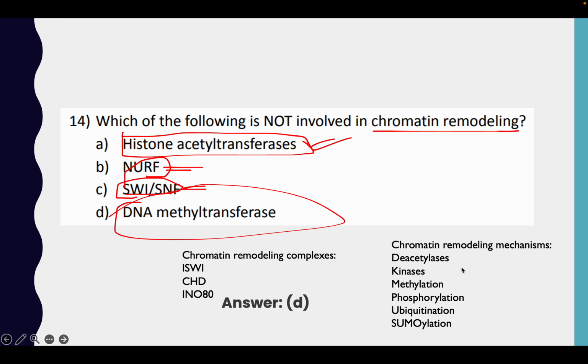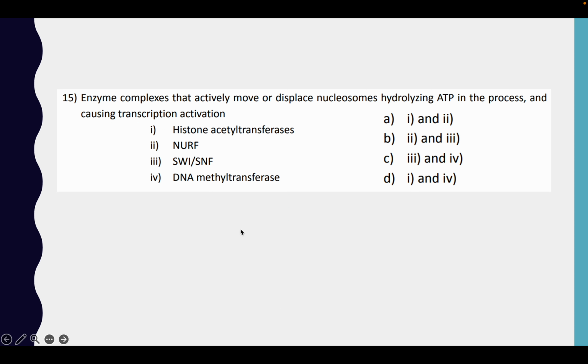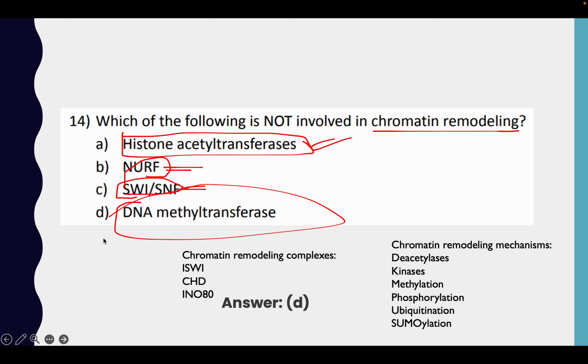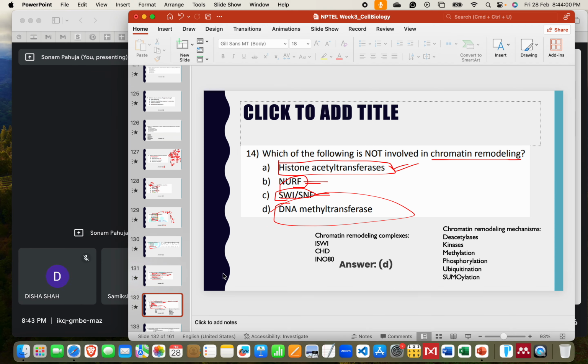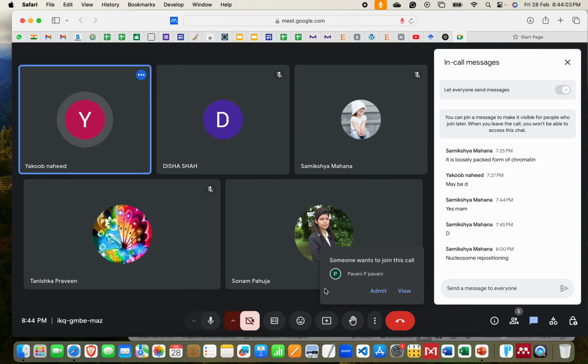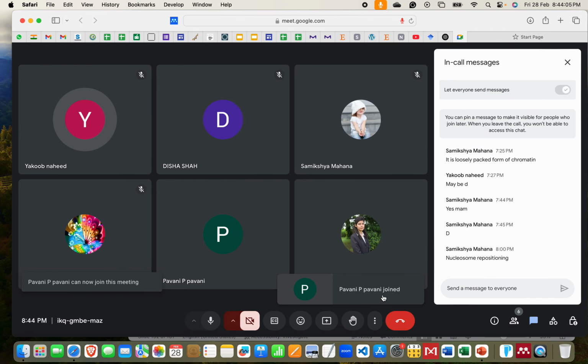These are mechanisms of chromatin remodeling. Now if we talk about enzyme complexes, either of these, any of these five could be there. Okay, now I get it, ma'am.